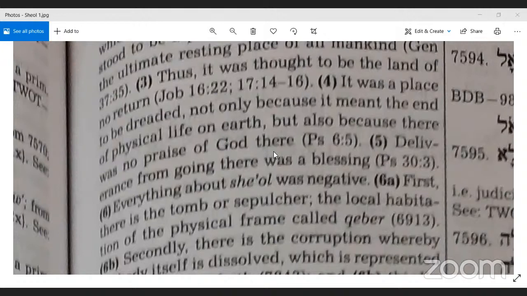So our consciousness will not give the Most High praise anymore. That's according to them, what they're saying. That's what I was getting ready to say. According to this.